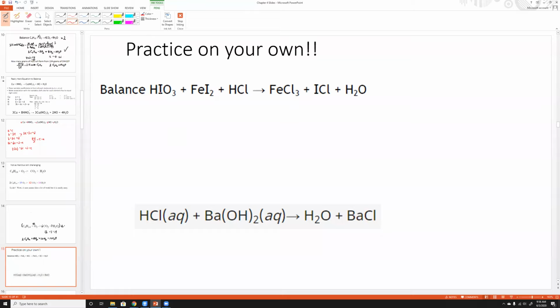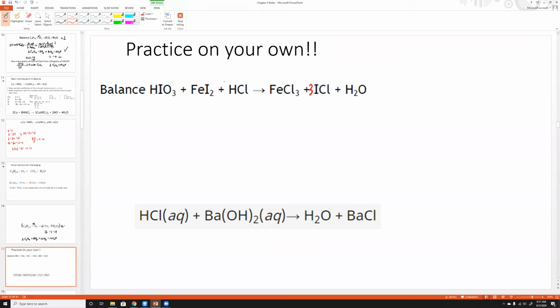Actually, we don't have to leave it, because there's 2 hydrogens here and 2 hydrogens on the right side. So I think we're pretty good with that. Next is iodine. There's 3 here, 1, 2, 3, and then there's 1 here. So most likely you might have to put a 3 there. Let's do that now and see what happens.